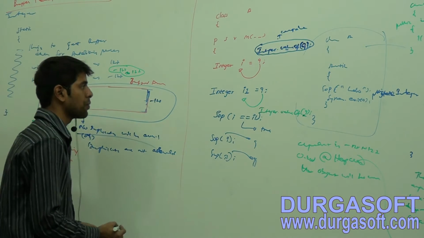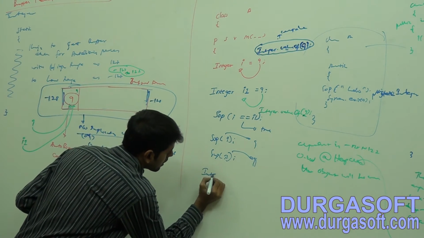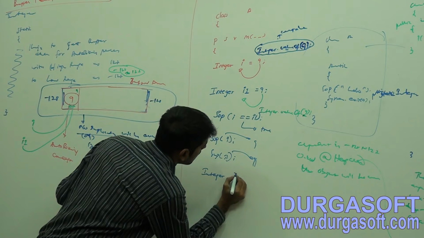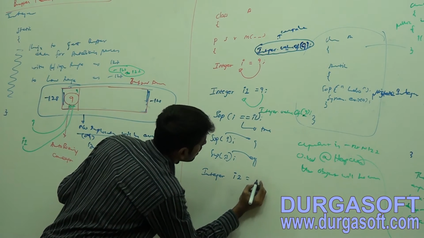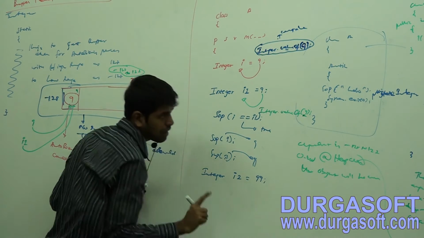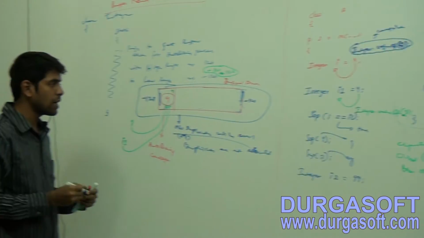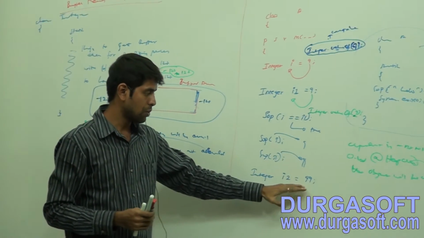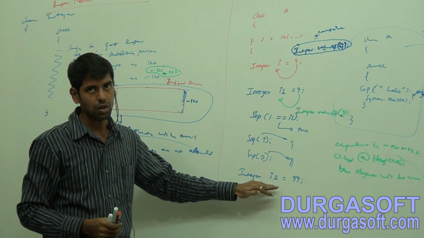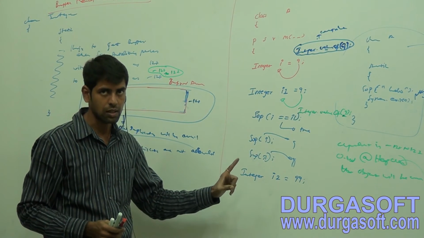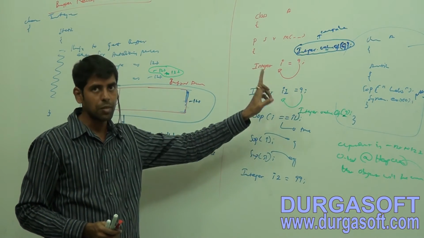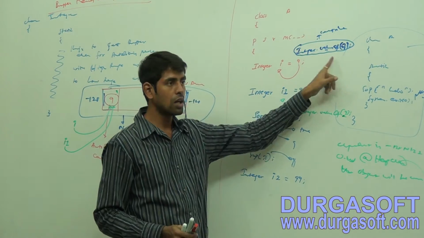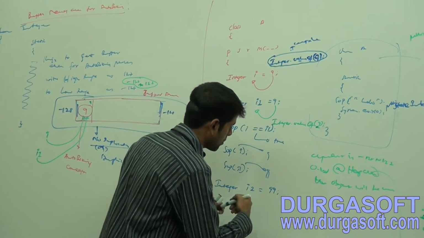Now Integer I2 equals 9. Observe, what happens here? A primitive is assigned to a reference variable. Yes or no? Yes. So auto boxing will be done. Now will the valueOf method be called or not? Yes. How will it be called?